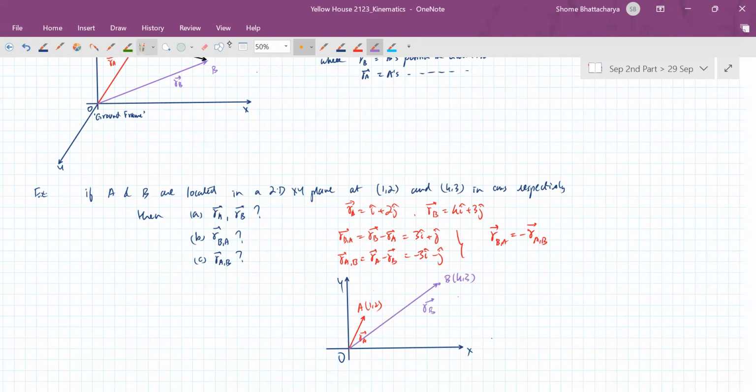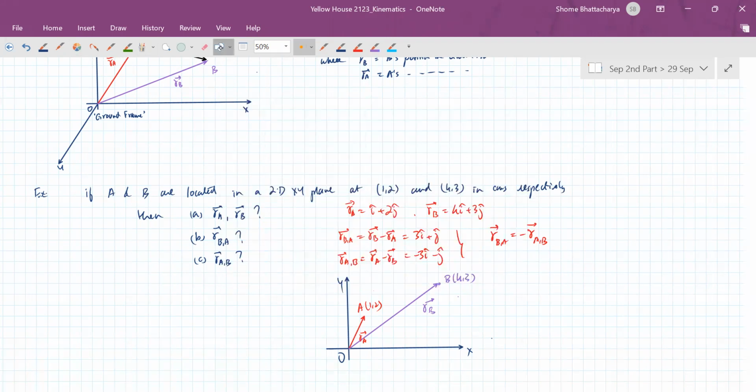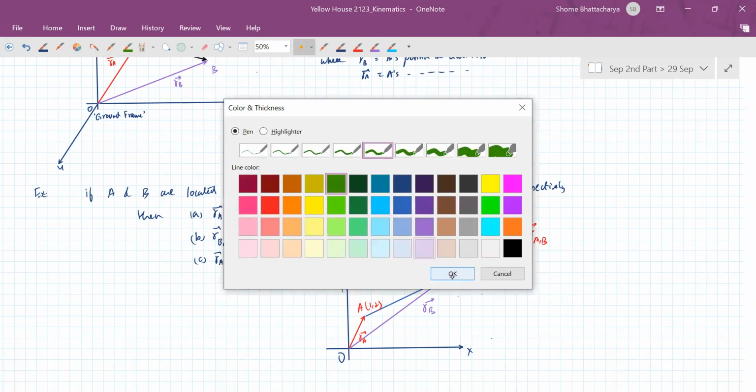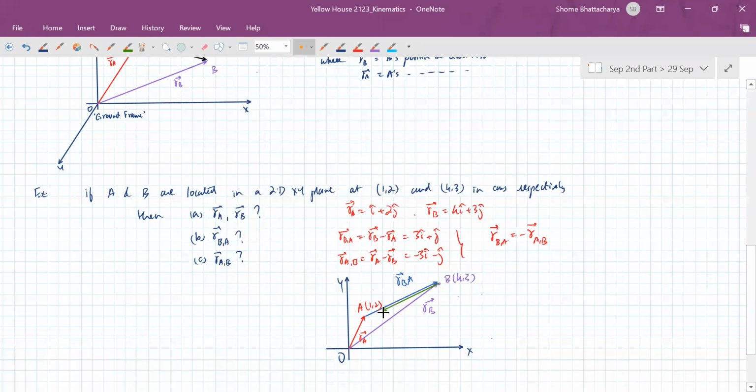And hence you can see that the position of B with respect to A would be this, or just reverse this, and the position of A with respect to B would be this. And that's how you're getting these results.